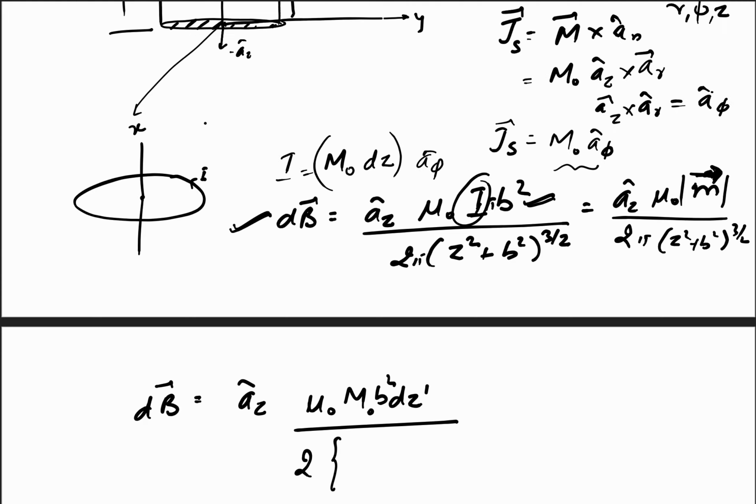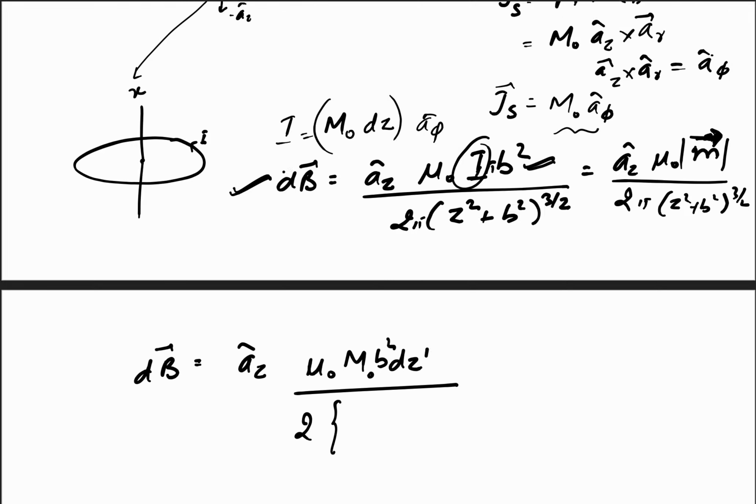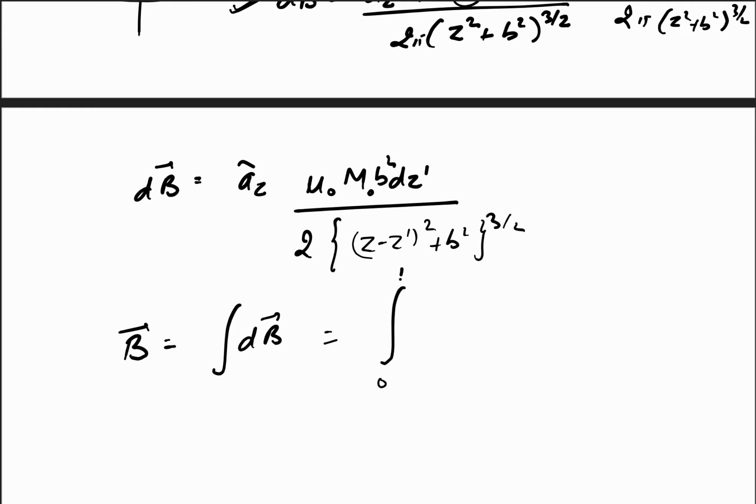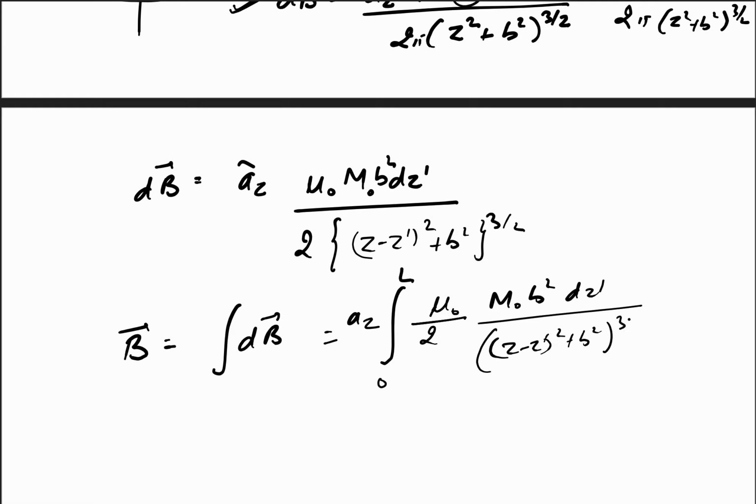Here the source is not at the origin, it is at z dash from the origin, so z will be replaced by z minus z dash. So the total field will be the integral of this dB over the whole surface, and as z dash varies from 0 to L, I can write it as mu naught over 2 times M naught b square dz dash over z minus z dash whole square plus b square power 3 by 2.